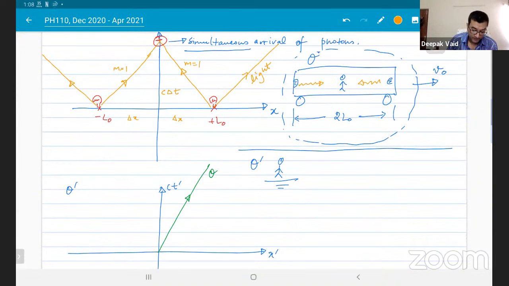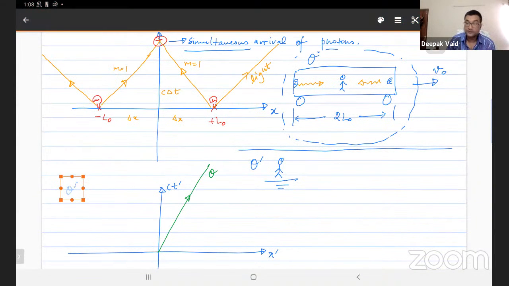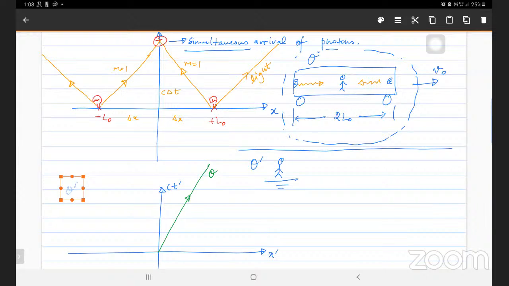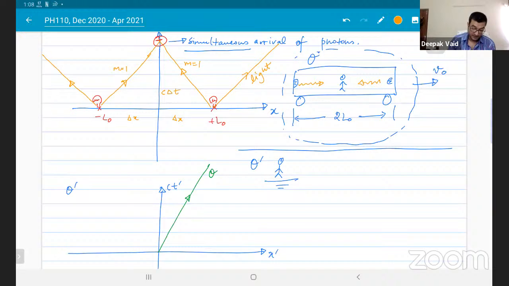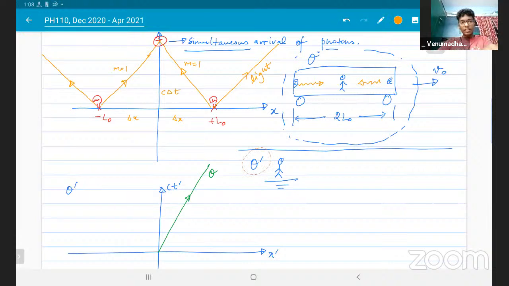Now, what can you say about the speed of light in this frame of reference? This is light, right? These are beams of light. They are moving with the speed c as seen by O. But by O prime, shouldn't it be c plus v naught and c minus v naught?